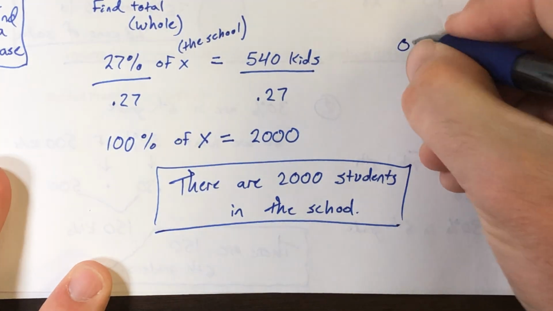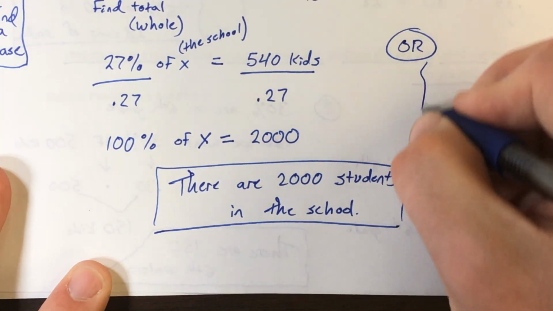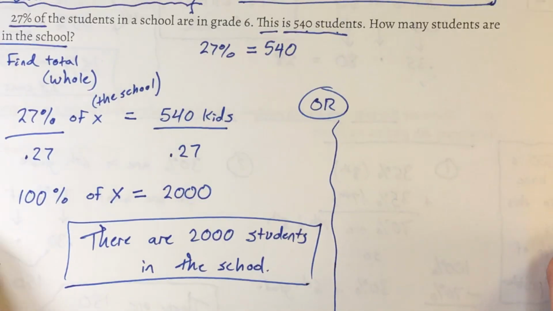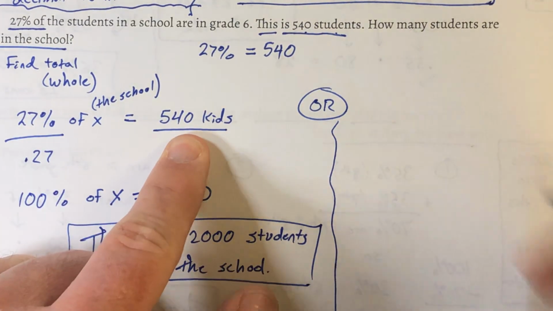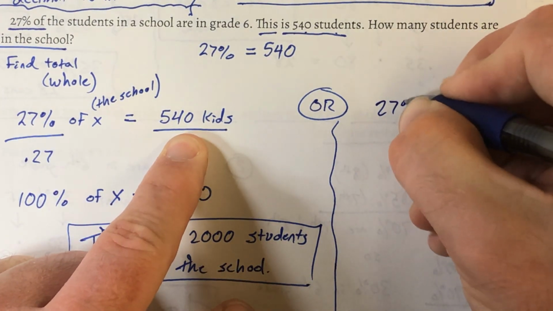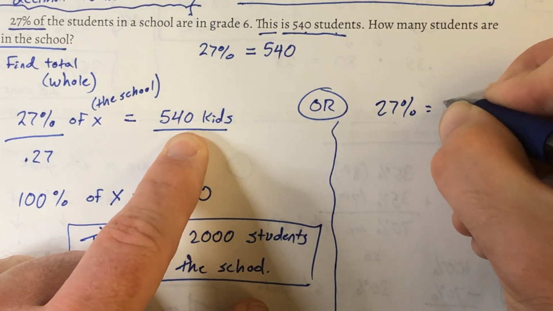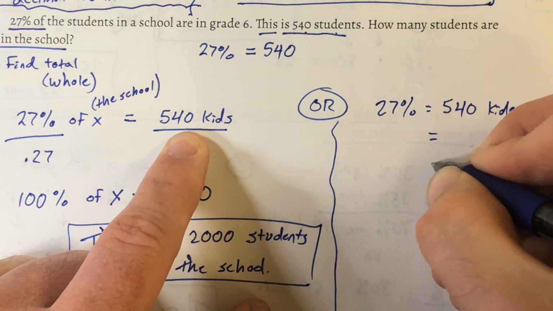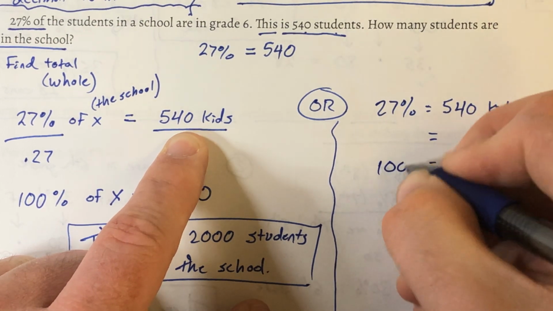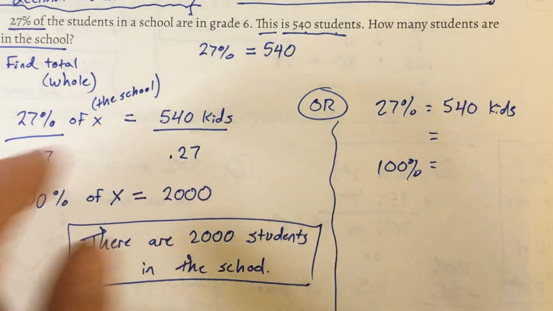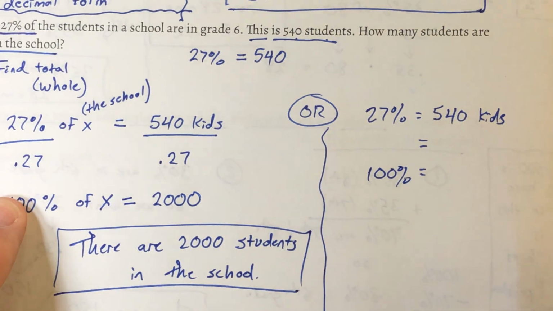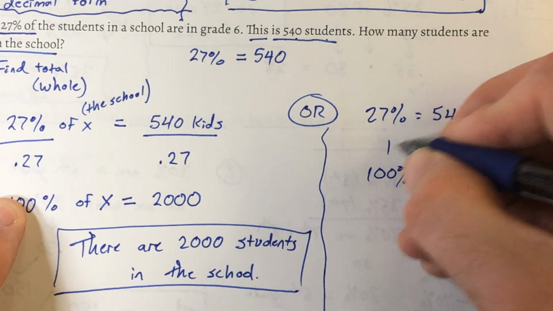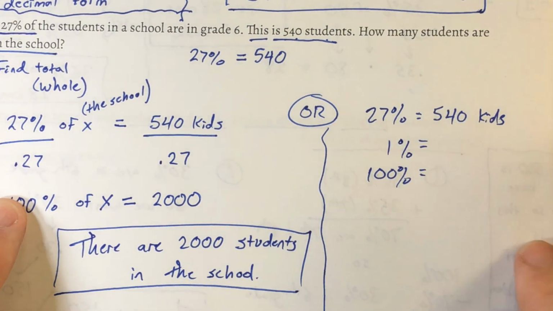All right, we could, again, do this another way. So what equals what? Again, 27% equals 540. What do I want? I want 100%, meaning I want everyone. I want to know how many kids there are in all, not just 6th grade. I mean, 6th grade's important, but got to include everyone.